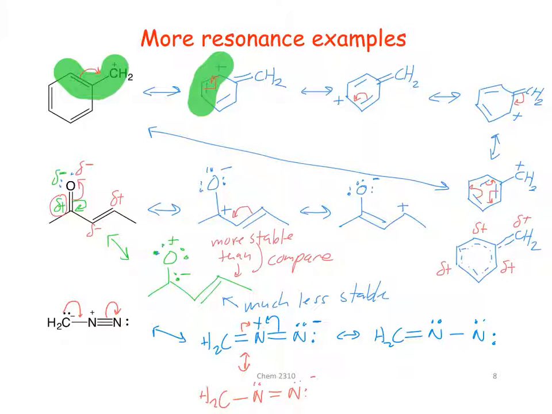And where's the plus going to go? The plus would be back over here. Alright, so let's look at these different resonance contributors, and try to decide which one would be the most stable. Alright?